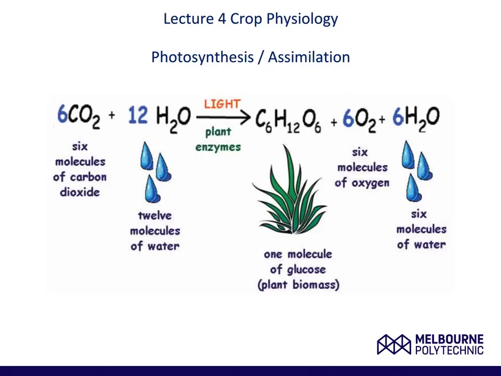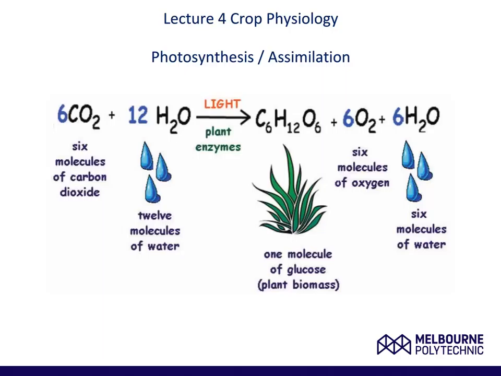Carbon dioxide is a gas found in the atmosphere. Plants are able to what we call fix or capture the carbon dioxide. With the help of water molecules and the assistance of some light and some clever plant enzymes, plants can produce glucose. The C6H12O6 formula is the formula for glucose.